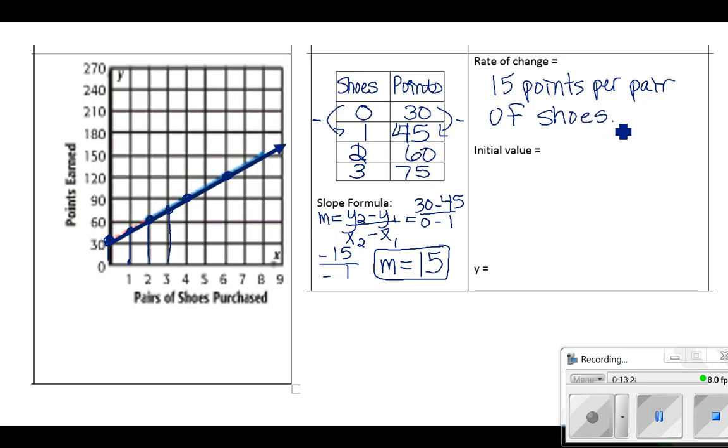To find the initial value, which is the b, I have to choose an ordered pair. I'm going to choose the first one, which is 0, 30, and I'm going to substitute it into y equals mx plus b. Remember, that's our x, that's our y, and our m is 15. So 30 equals 15 times 0 plus b.